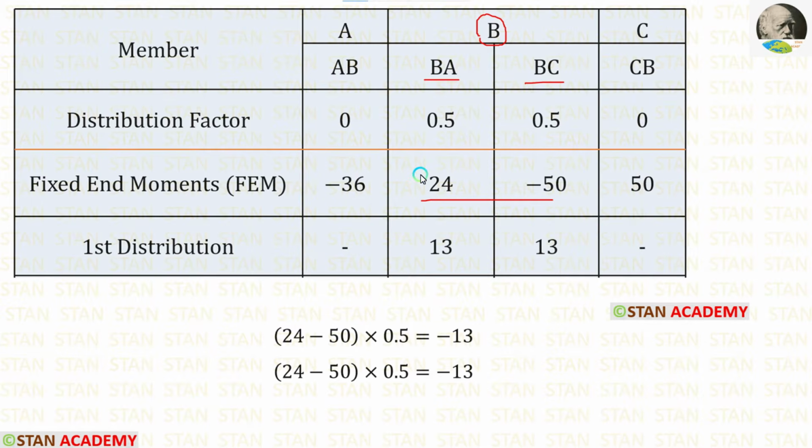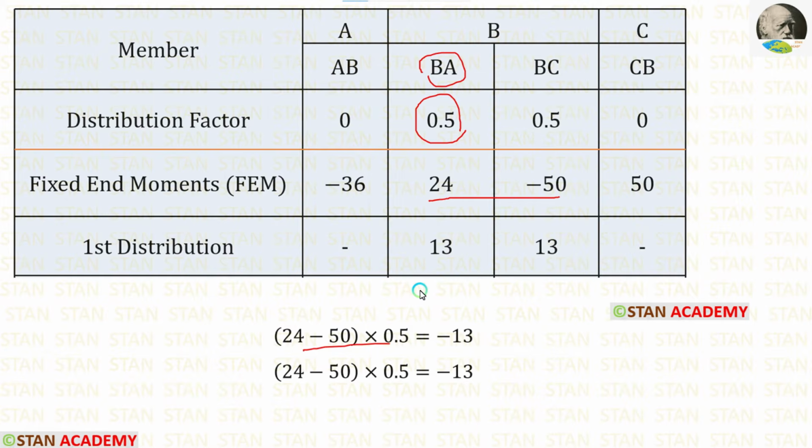For making the distribution, we have to add these two moments and then multiply with the distribution factors. First, let us do the distribution for BA. For that, we have to add these two fixed end moments, then multiply with the distribution factor for BA, that is 0.5. When we do that, we are getting a negative value.